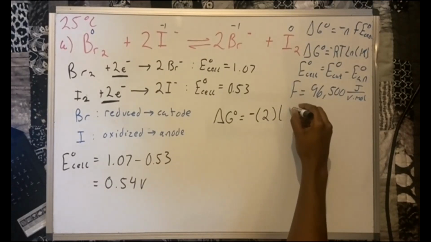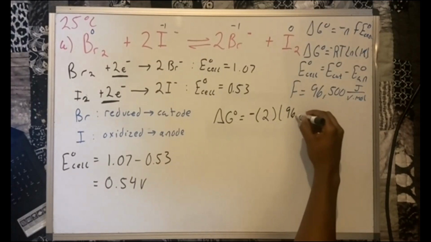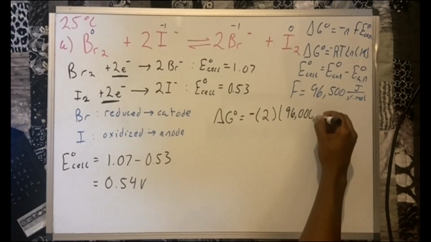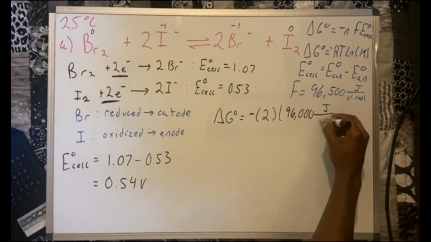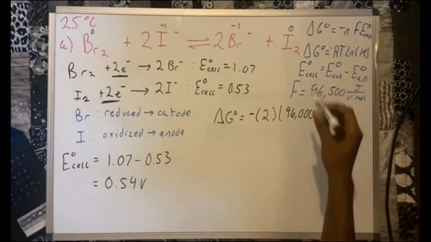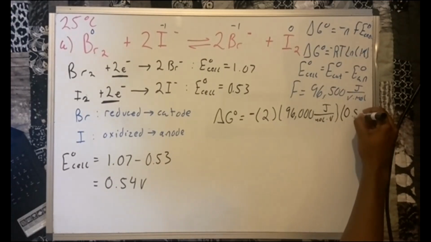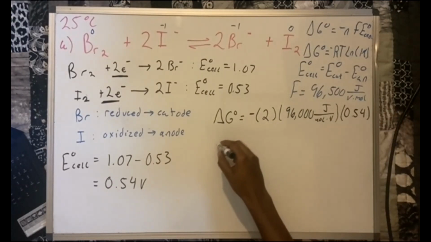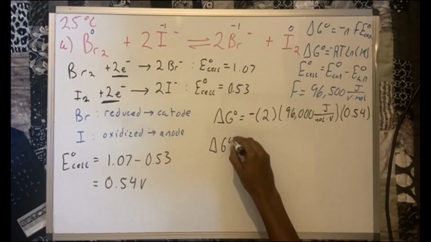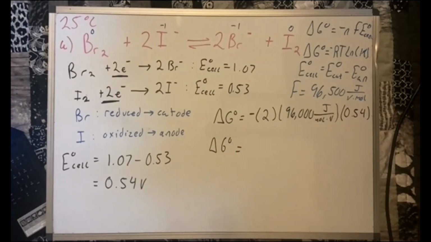Cool. So put Faraday's constant, 96,000 joules per mole volts, times our Ecell, which is 0.54. And so delta G naught is -2 times 96,000 times 0.54.